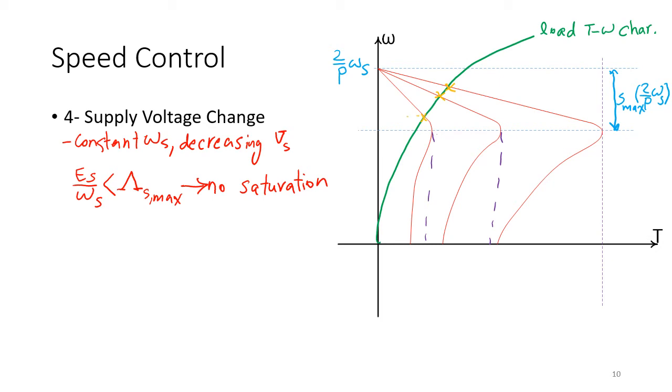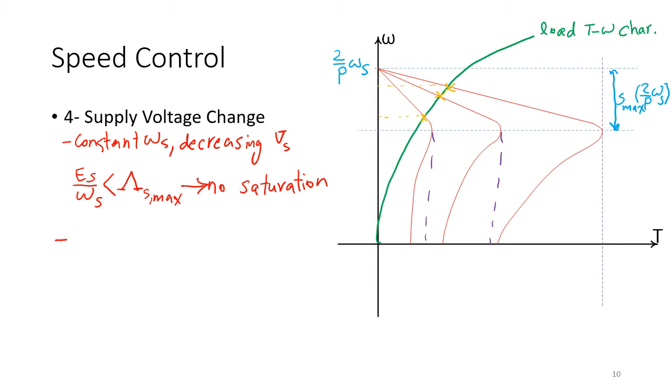But as you can see, it is not a large range of speed change. So this solution is not very effective for very huge speed changes. It usually works in a very small range of the speed.